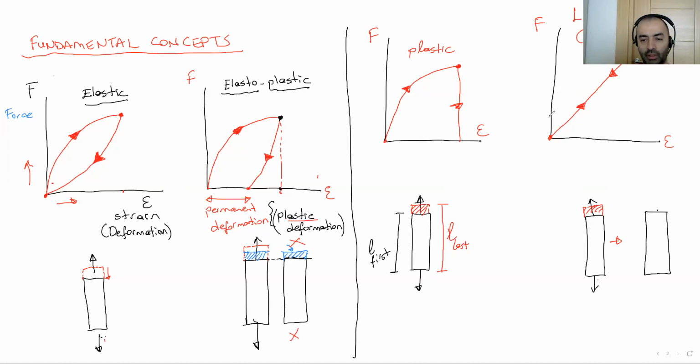When we remove the loading, we get the zero condition, the initial condition. This is elastic. If this behavior occurs on a line, it's completely the same, only the behavior is on a line. That's why we call this linear elastic or Hooke's behavior.